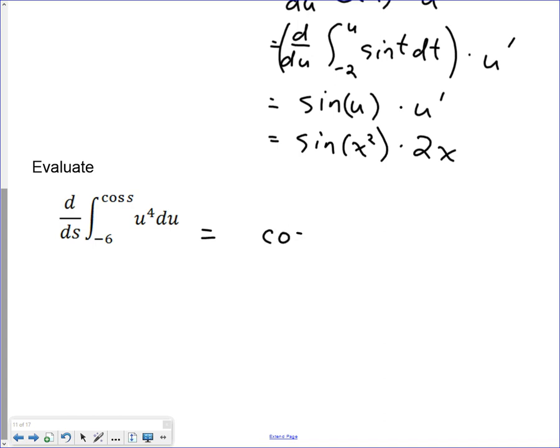So cosine of s to the power 4 times the derivative of that inner function. So the inner function there is the cos of s. Derivative of cos s is negative sine s. And that would be our derivative.